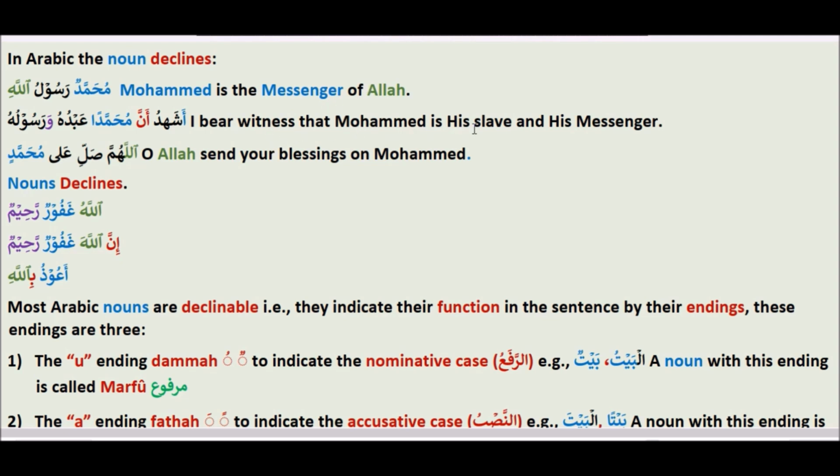I bear witness that Muhammad is his slave and his messenger. O Allah, send your blessing on Muhammad. Now, as we said, declines. Allahu Ghafurur Rahim. Inna Allaha Ghafurur Rahim. A'udhu Billahi. So, this has a dhamma. Allah, this has a fatha, and this has a kasra.